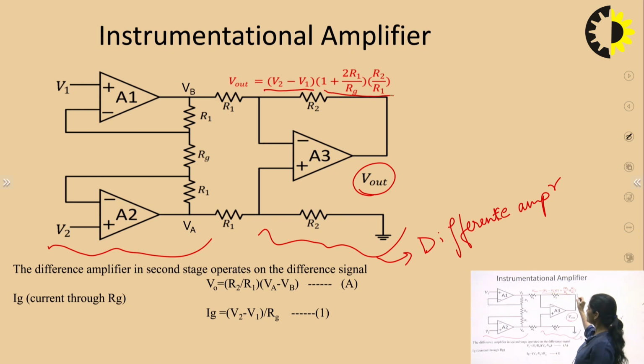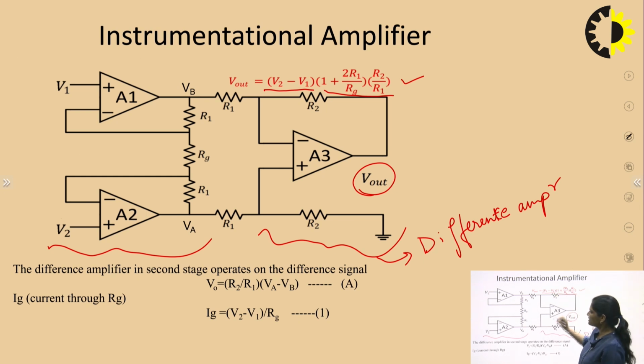You have to find the gain for the two non-inverting circuits connected to the input terminals of the difference amplifier, and the difference of the input voltages, and your output should be like this: V out is equal to V2 minus V1, times (1 plus 2R1 upon Rg), times R2 upon R1.